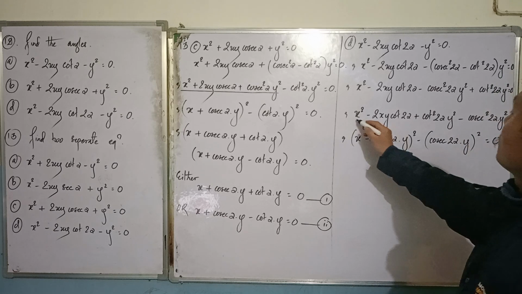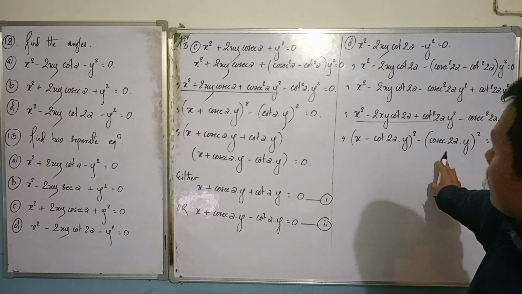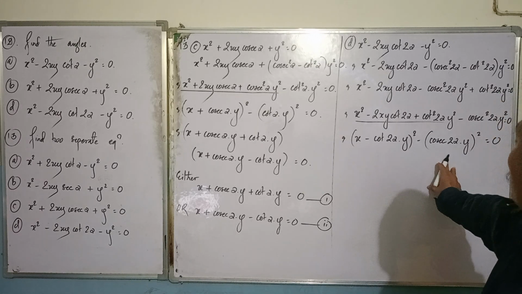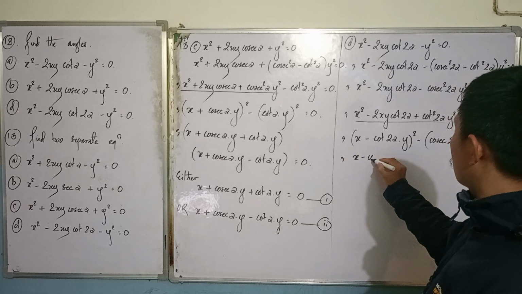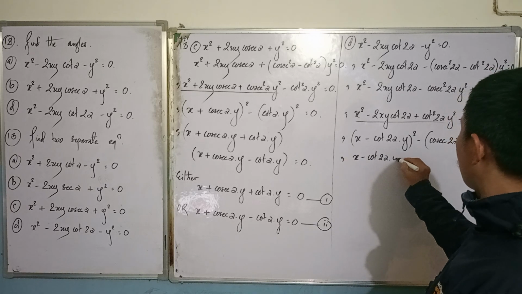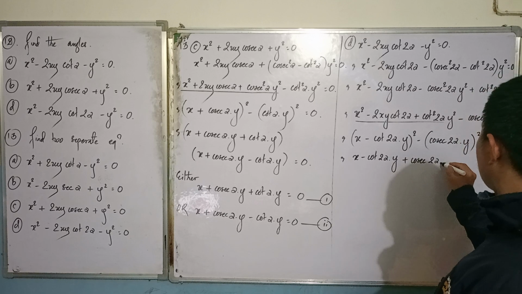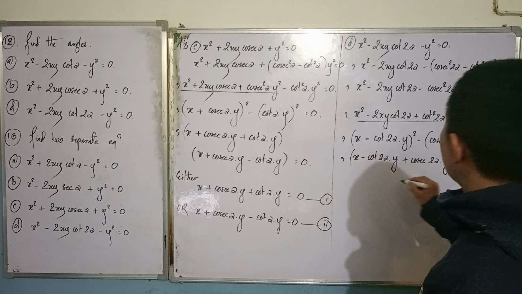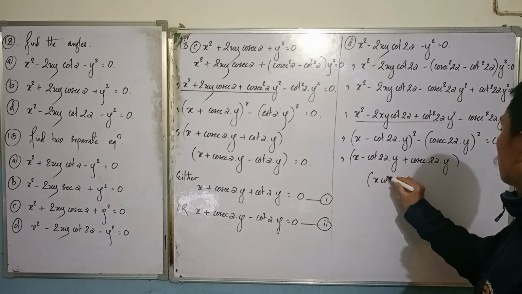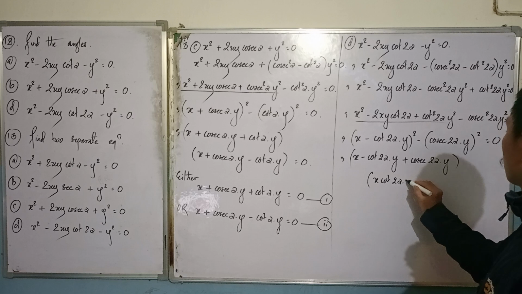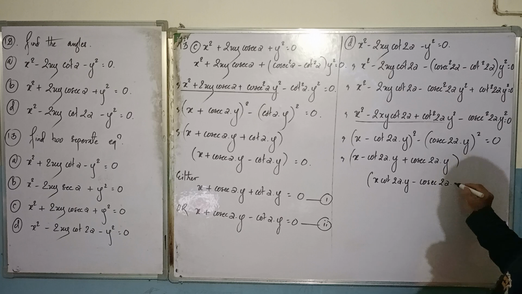Now this whole can be written as a square minus b square, so you can write cot 2 alpha y plus cosec 2 alpha y, a plus b, and another, a minus b.